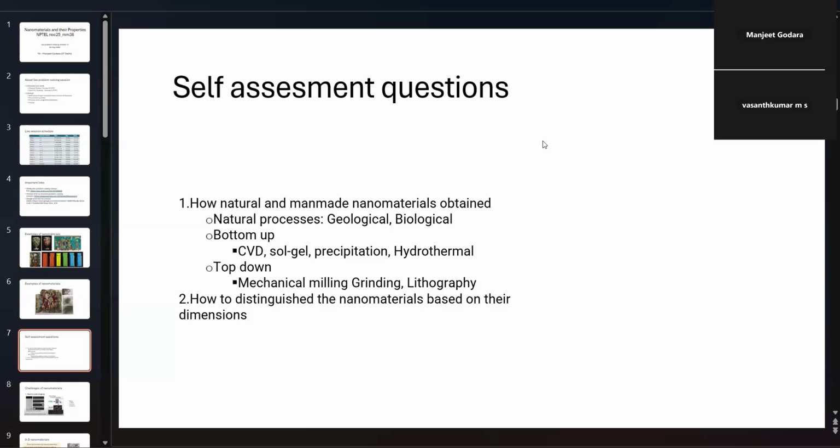They react on a substrate, giving you nanoparticles. Sol gel, I think we'll go over. Precipitation is again a precipitation reaction. You have two salts which react with one another, and you get nanoscale precipitates.